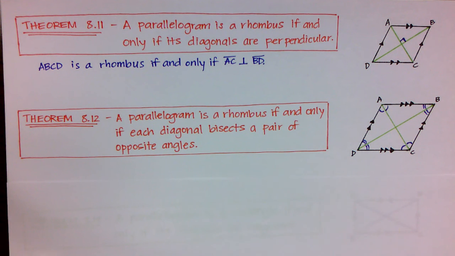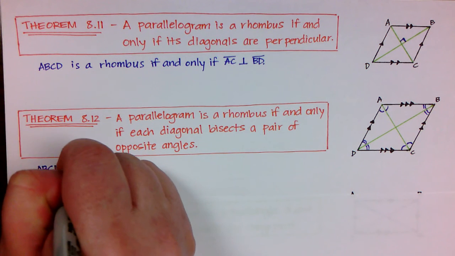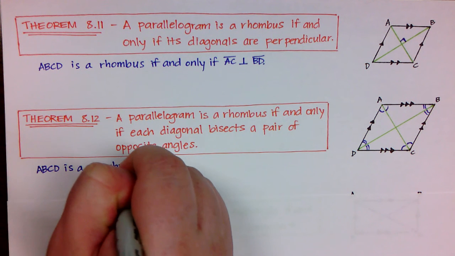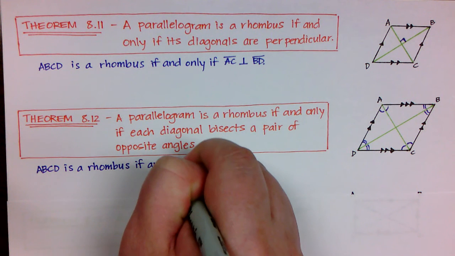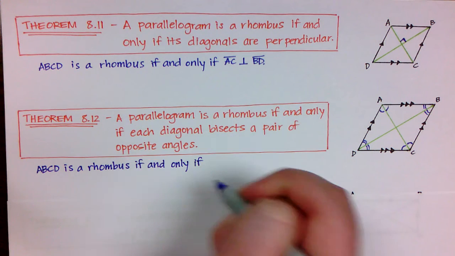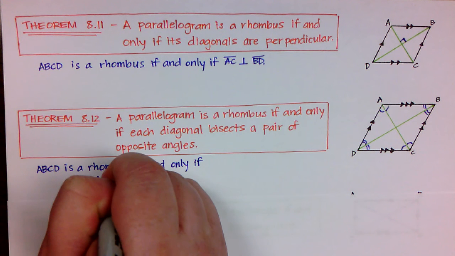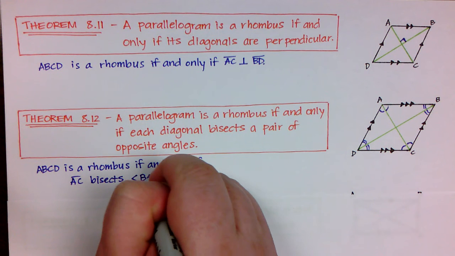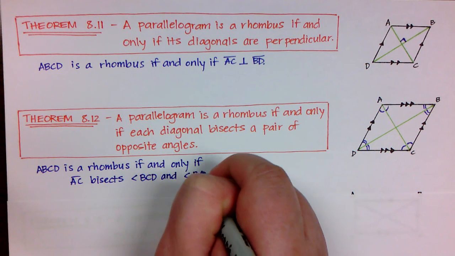So a statement that I can write here, and it's going to be a little bit longer, we can say that ABCD is a rhombus if and only if AC bisects 2 angles, angle BCD and angle BAD.